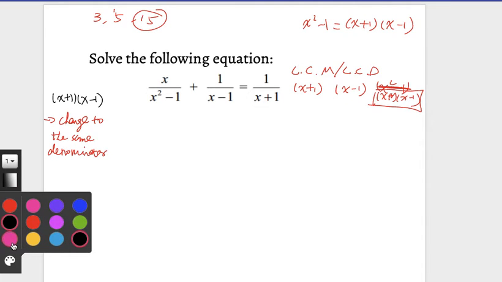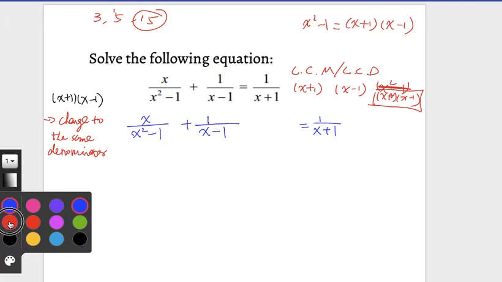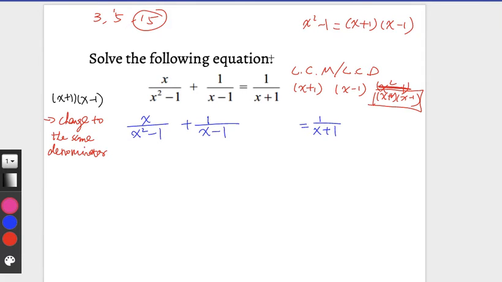Now let's check how we can change to this term. I'm going to spread them out and rewrite this equation so you can easily see what I do here. Let's check which term is actually missing. Since this one is x plus 1, x minus 1, the same as this one, there's nothing to change for this term.